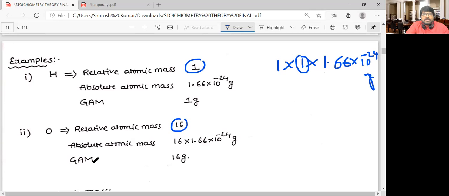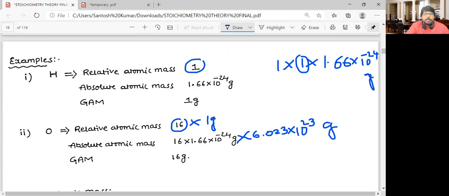And gram atomic mass means it should be multiplied by 1 gram. Otherwise, if you want to convert this, this is the absolute weight of a single atom, but we need the absolute weight of Avogadro number of atoms. Therefore, it should be multiplied by 6.023 into 10 power 23. If you multiply, you will ultimately get 16 grams.